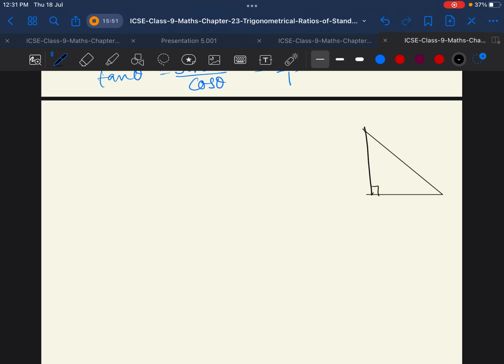So now this angle is 90 and this is theta. We know sine theta is perpendicular by hypotenuse. Here the perpendicular is AB and the hypotenuse is AC. When the angle increases, the hypotenuse decreases.